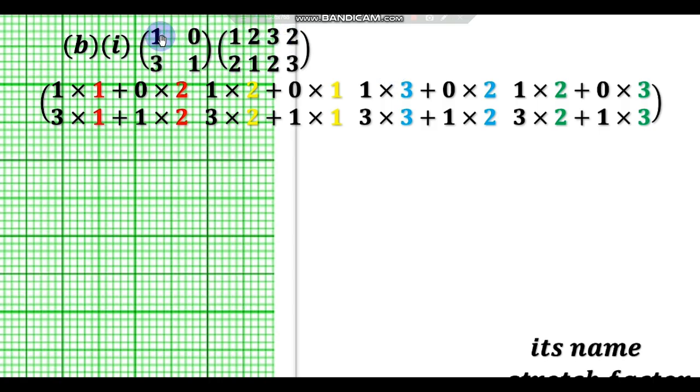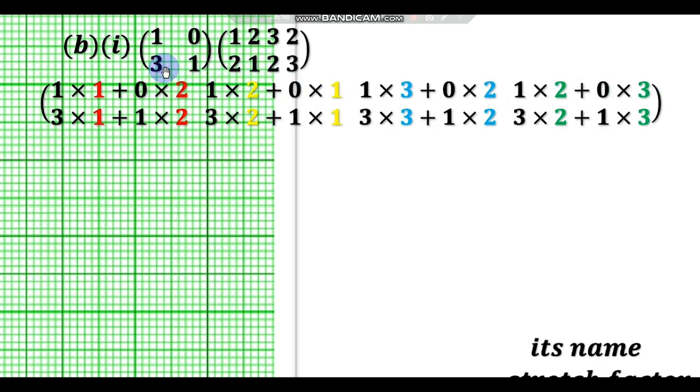So 1 times 1 in the first column, plus 0 times 2, this 2 here. Then leave space. The same row, 1 times 2 plus 0 times 1. Then 1 times 3 plus 0 times 2. Space, 1 times 2 plus 0 times 3. This is what is happening on top.